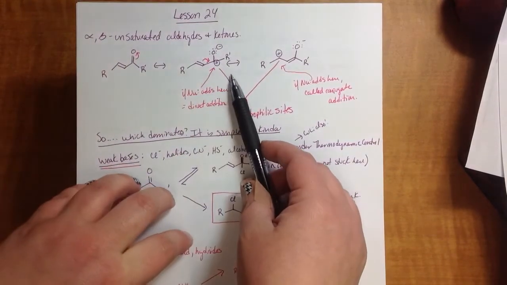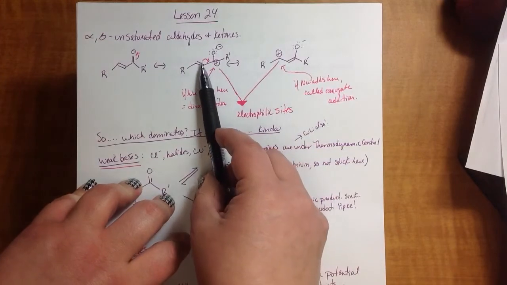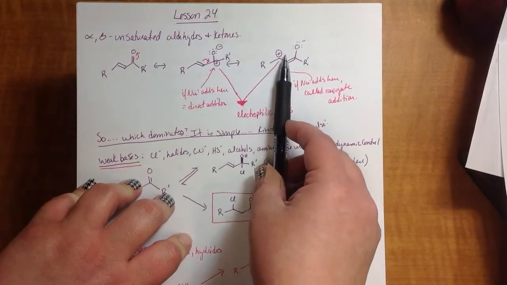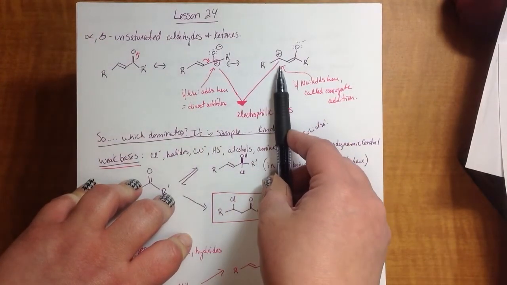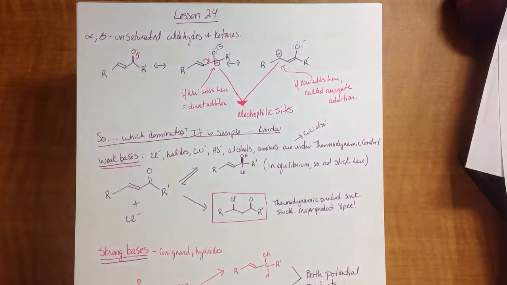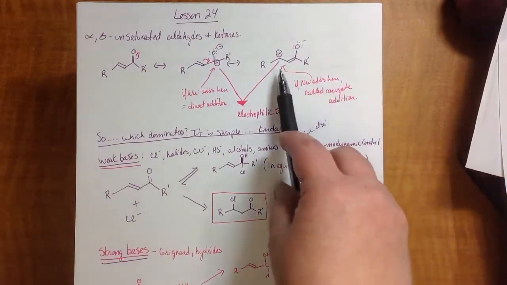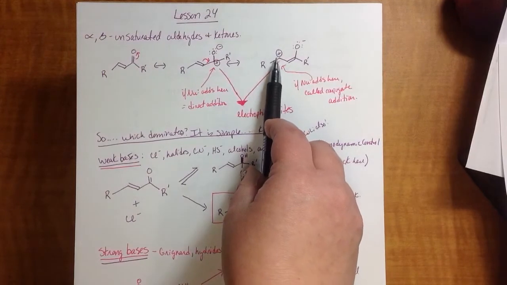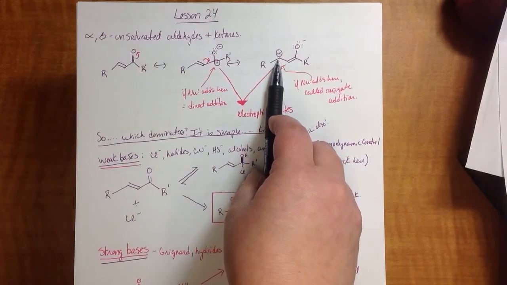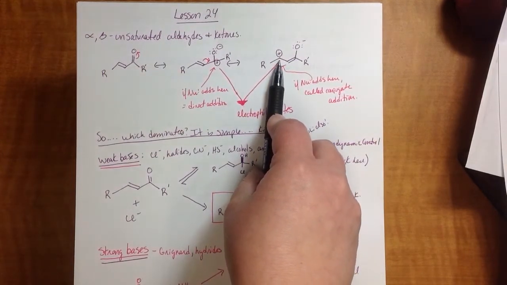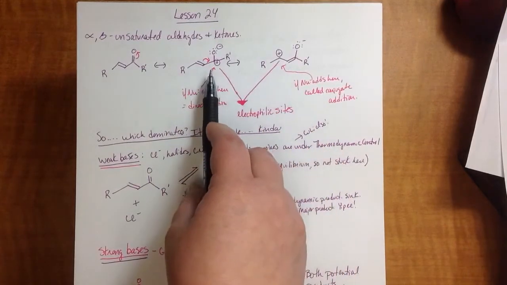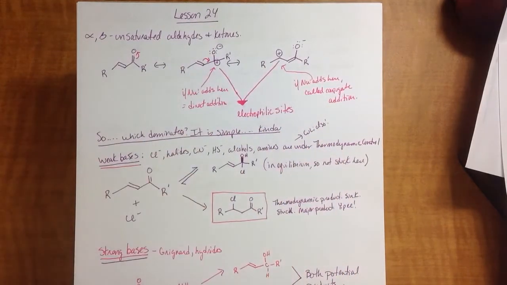However, if this is allowed to establish equilibrium again, these electrons could be over here, at which point you end up with a positive charge at the beta position. If the nucleophile were to attack, it would go right here. We refer to this as conjugate addition, and the other product would be direct addition, if a nucleophile were to attach to either of them.